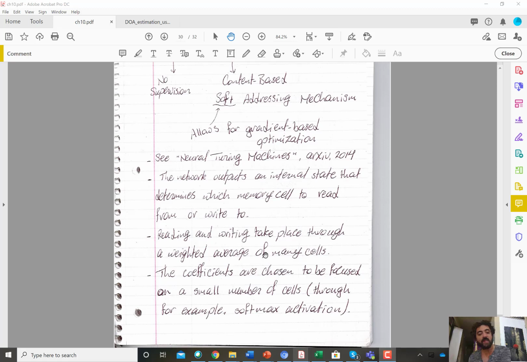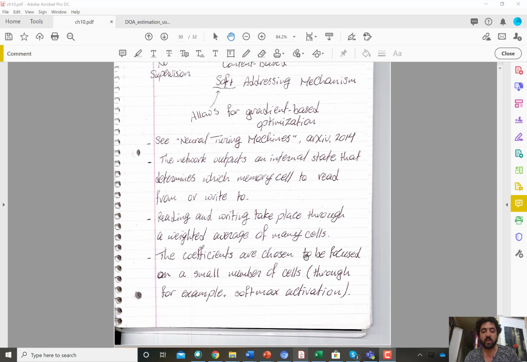And writing takes place in a similar manner. So when we write, it's not discrete. We don't write to one location, we write to a group of locations by continuous weights, such that the weights sum up to 1. And the coefficients are chosen to be focused on a small number of cells, and this is done through softmax activation, because softmax is basically the soft, or differentiable, analog to the max, right? And max means discrete: I access only the maximum.